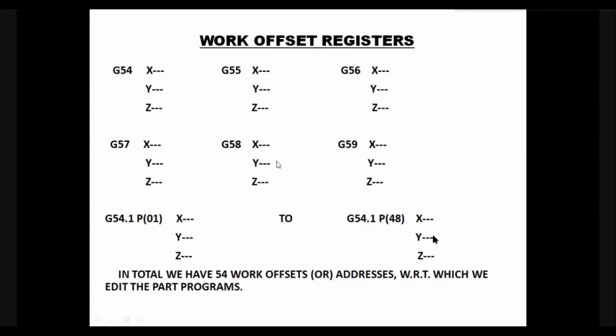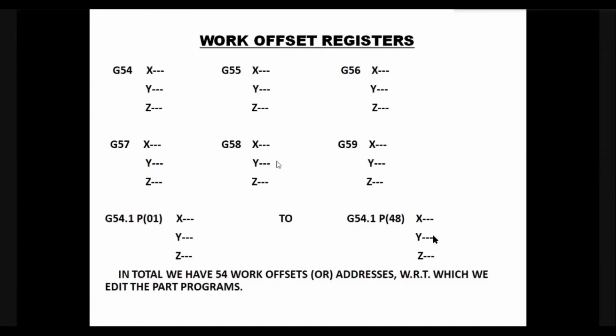The piece will have one reference point on it, and all the dimensions of the workpiece will be given with reference to that point in the engineering drawing. We will be doing the part program with reference to that particular point only.